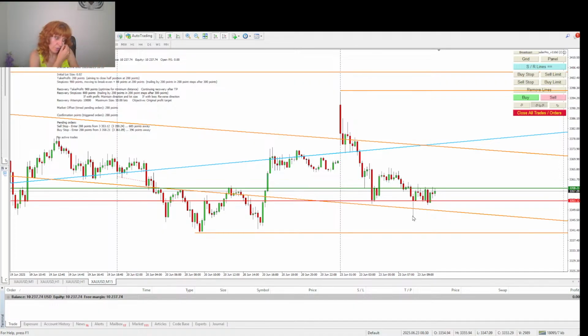Five minutes is just showing still going a little bit up, but expecting the continuation of going down. Maybe just a little bit up, and then we continue going down.